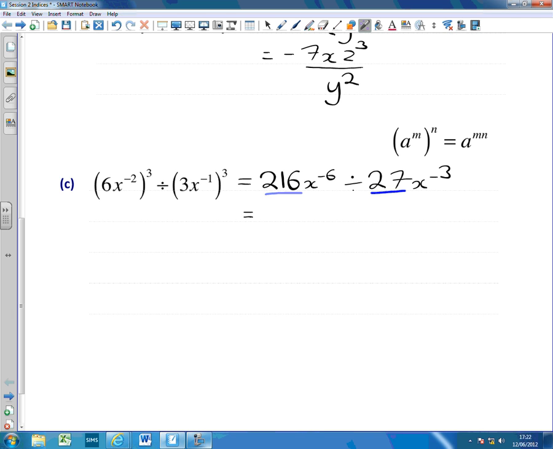Now, if you've got a bit of number sense here, you'll know that that will go in precisely. The reason being, we know about 216. We know that that is 6 cubed, and 6 you can write as 2 times 3. Apologies, it was 6 cubed, so there we go, 6 cubed. And you can cube these individually.